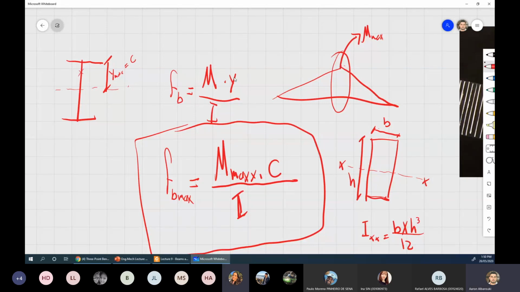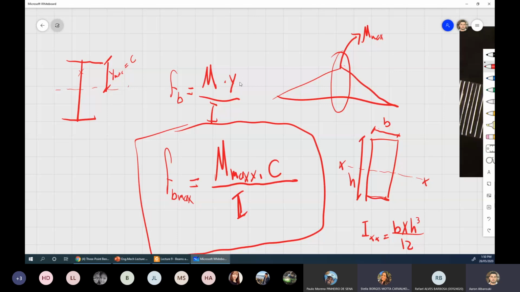I got confused now, Aaron, because I think we learned that the second moment of inertia is the moment of inertia plus area multiplied by distance squared. So this formula, BH cubed divided by 12, we are assuming the moment of inertia, not the second moment of inertia.